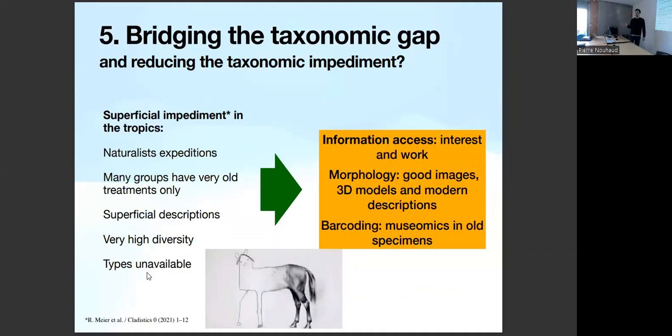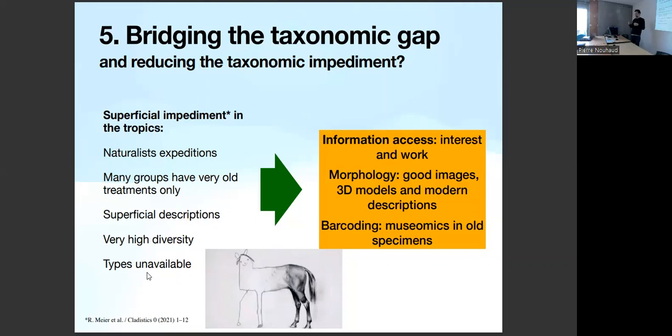And why does it happen so often in the tropical regions? Because there are so many old descriptions that are called superficial descriptions, and Rudolf Meyer calls this the superficial impediment. It's really something that slows down taxonomy. And in tropical regions this is worse because many people went to the tropical regions and took the specimens to Europe, and this happened for a long time, 200 years ago, 100 years ago.